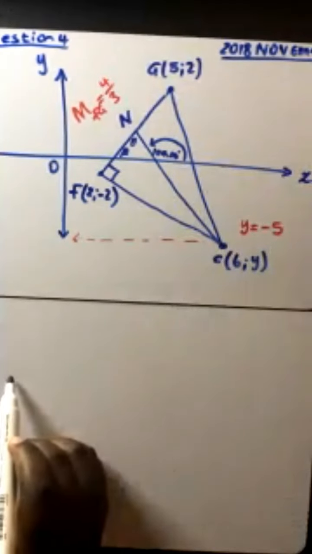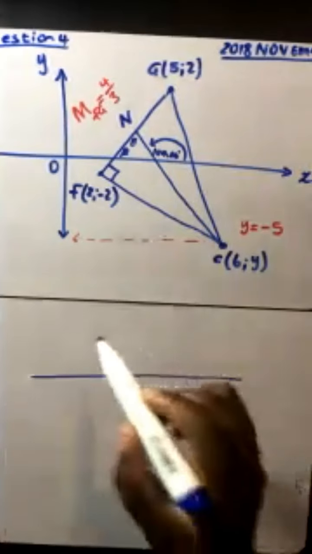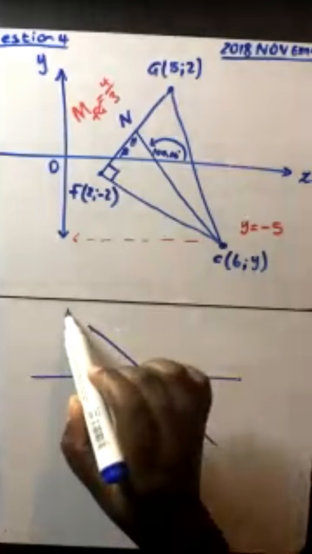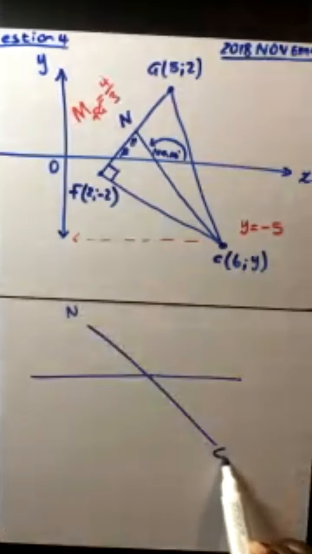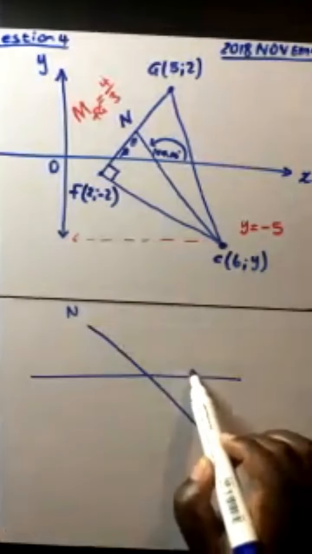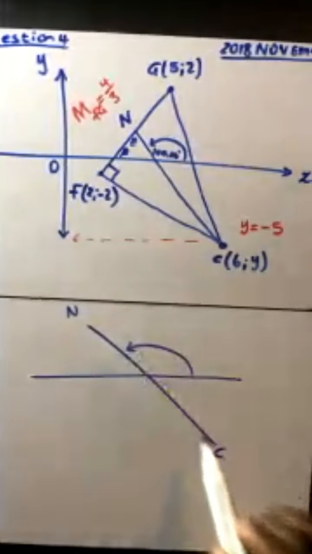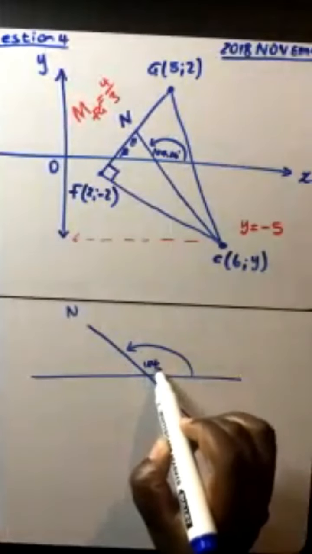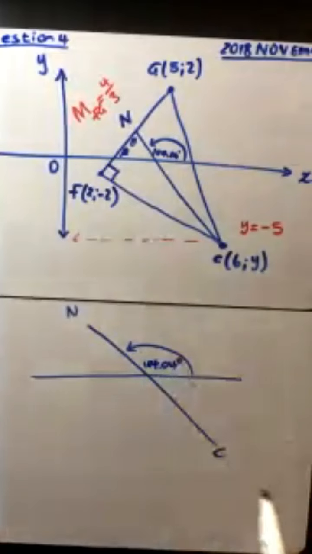Let me draw that x-axis. Obviously, this is the line of N and C, and we are given this angle, which is 104.04 degrees.